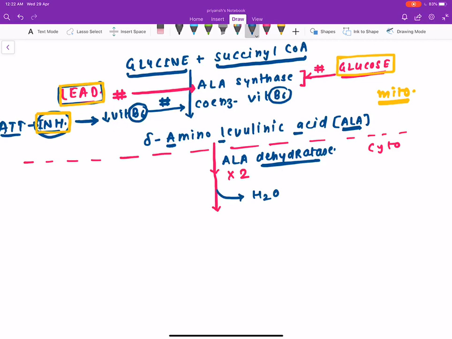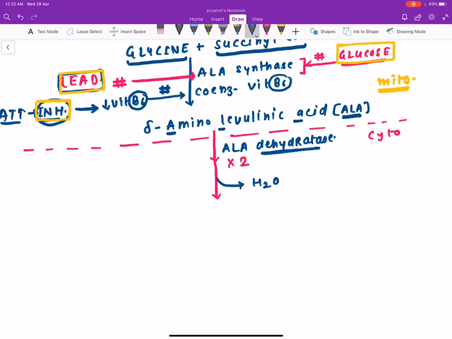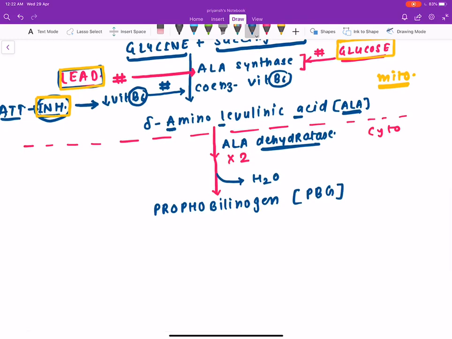When you take out the water, the molecule that we are going to get is called porphobilinogen, which in short is written as PBG.